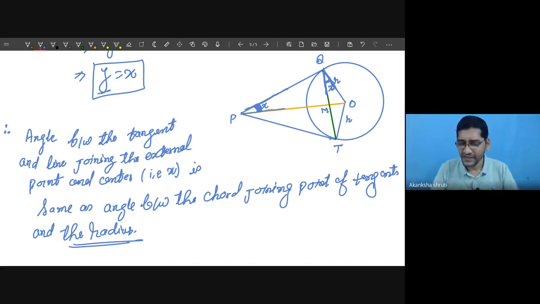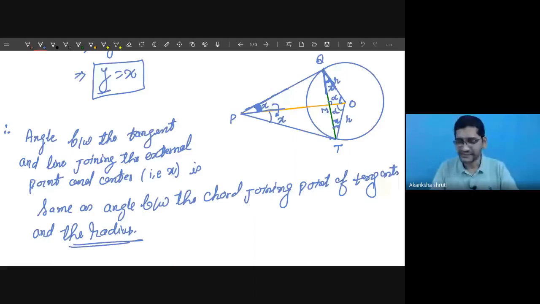This part is also dividing, so this will be x, as alpha plus x is 90 degrees. That is also followed here.